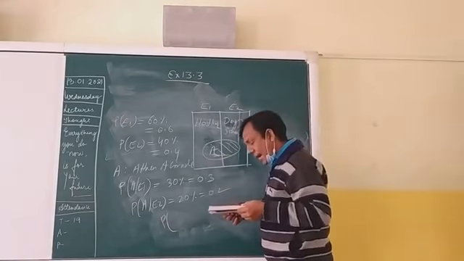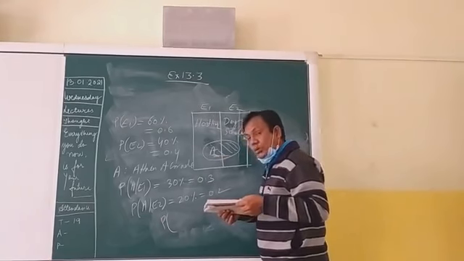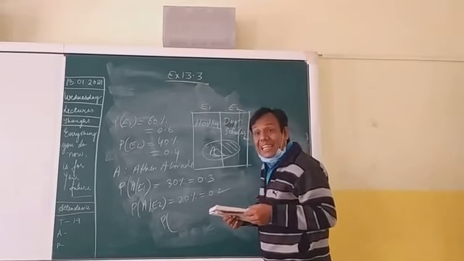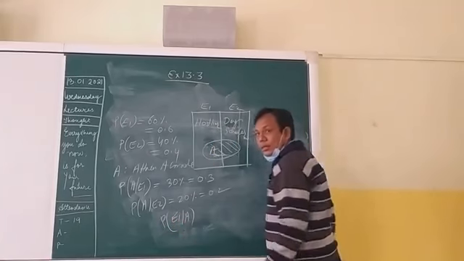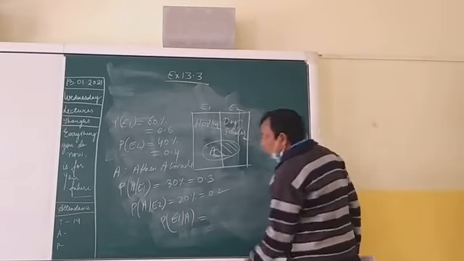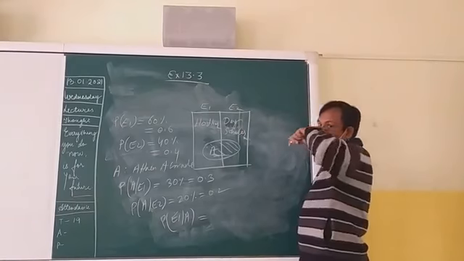We have to find the probability that the student is a hostelier given that he is getting A grade. So we have to find P(E1|A), right? So what are we going to use here? Again we are going to use Bayes theorem.